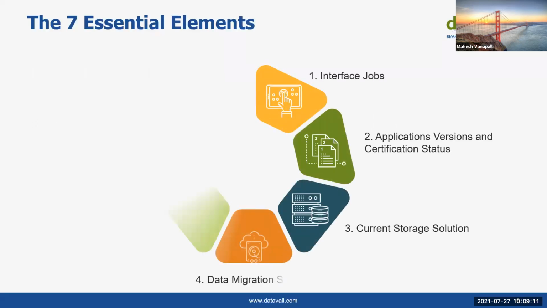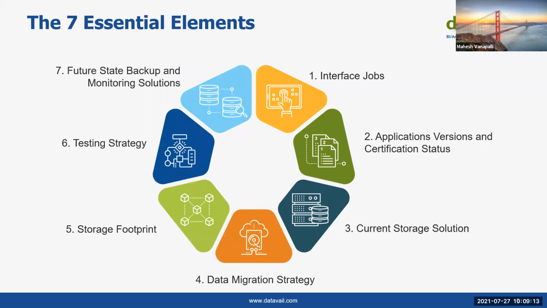So what we're going to look at is 7 essential elements that we have to look at when we migrate EBS to cloud or data center migration. We can call it whatever that is, but these days we see pretty much every EBS owner either going from on-prem to one of the cloud platforms, depending on their current existing architecture, whether let it be OCI, AWS, or Azure, or a clouded customer, various scenarios.